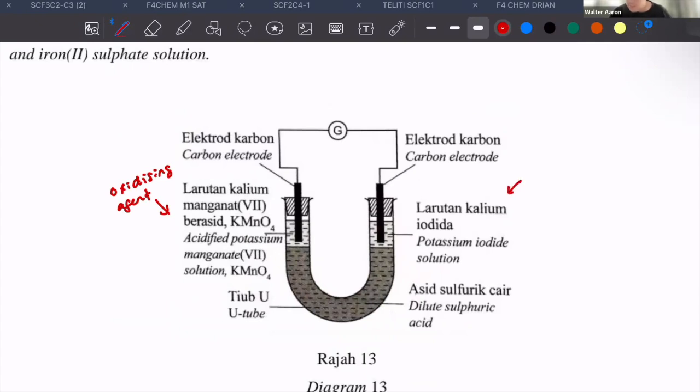And now this one becomes the reducing agent. Which also tells you that this particular substance over here that is responsible will be undergoing the oxidation process, while this one will undergo a reduction process.